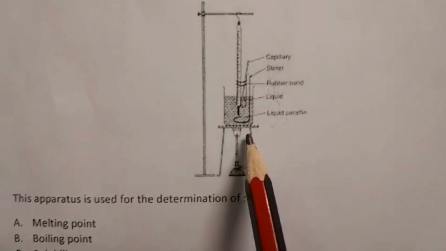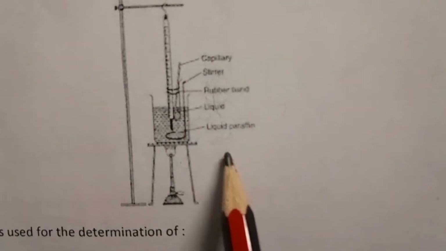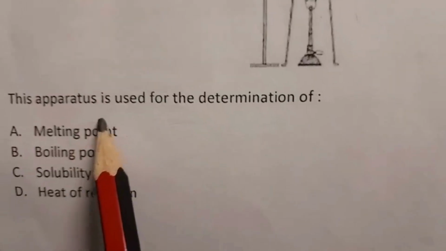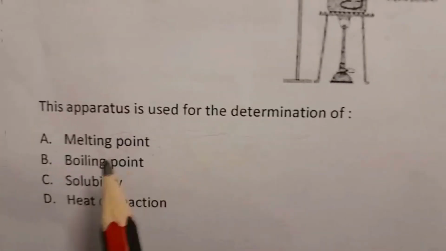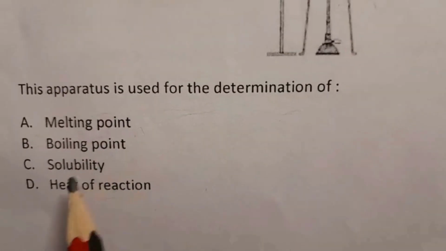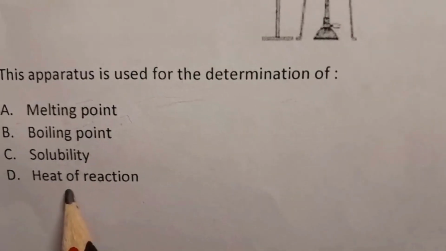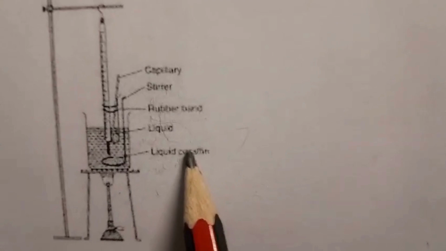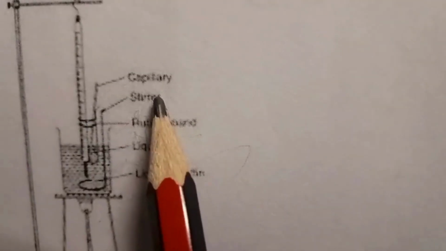Again, this is the apparatus, and you are asked, the apparatus is used for the determination of melting point, boiling point, solubility, heat of reaction. So this apparatus has the capillary tube, and it has the stirrer.